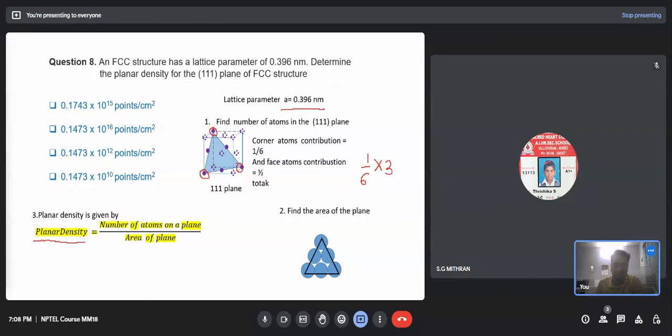So 3 atoms are there. So the total number of atoms on this plane is 1 by 2 plus 3 by 2, which is equal to 2.